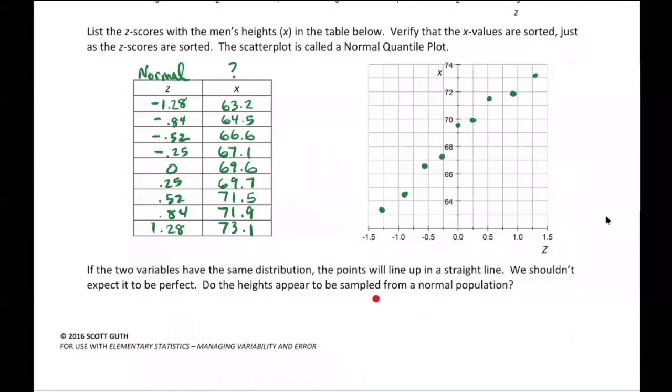Do the heights appear to be sampled from a normal population? I would say that this is close to a straight line, giving evidence of normality.